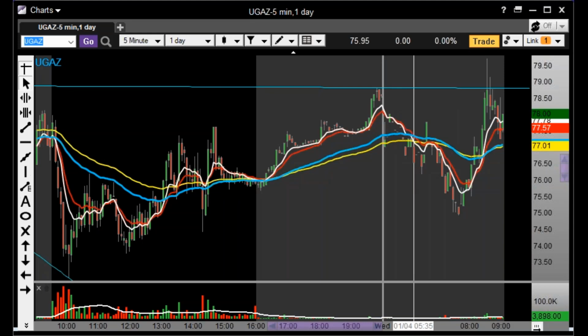Okay, so I need to see. I'm trying to figure out which chart I'm showing. It looks like it's the natural gas UGAZ 5-minute chart, one day. I know I have the little tab on the side. Is there somewhere else that I need to look to see which chart I'm showing, or get a screenshot of the chart itself?